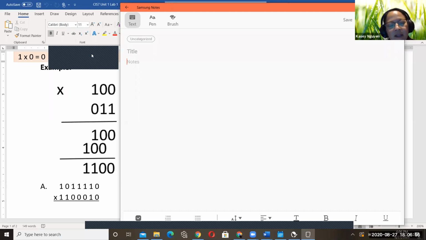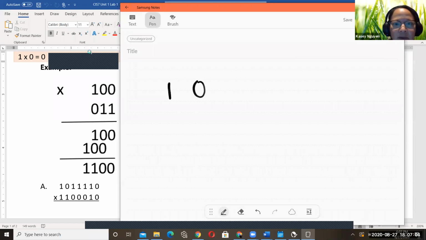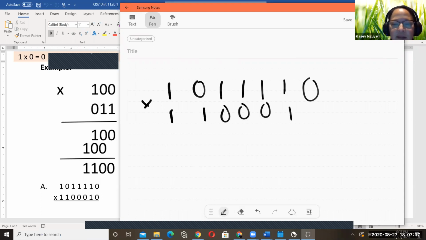I'm going to handwrite it so that it takes a little less time to get through this. So we get 1 0 1 1 1 1 0. We're going to multiply it by 1 1 0 0 0 1 0.